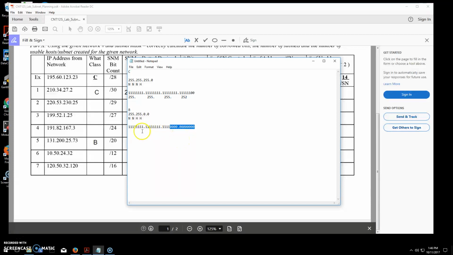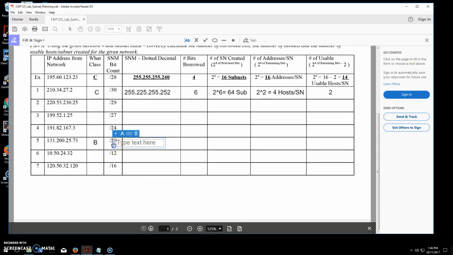Okay, so I would now convert this over to decimal, 255 dot, this guy here, dot 240.0. So now I have 255.255.240.0. And that told me that I borrowed 4 bits.